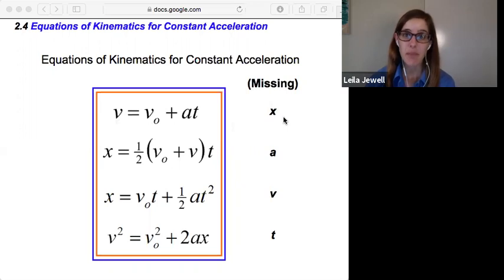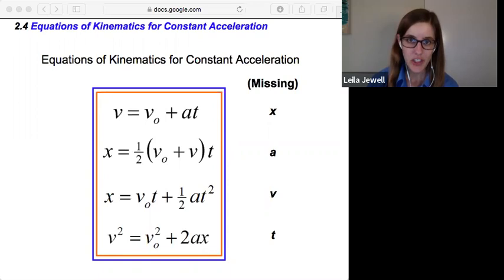No, that's saying if the problem doesn't mention displacement and you don't care to find out about it, you probably want to use this top equation because you don't have to deal with displacement. Or if you don't want to deal with time, ain't no one got time for that, then you can use this bottom equation that doesn't have time. It just has velocities, acceleration, displacement. So that's a really good problem-solving strategy.